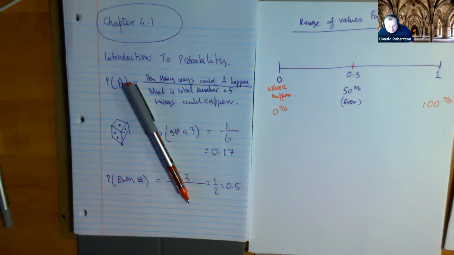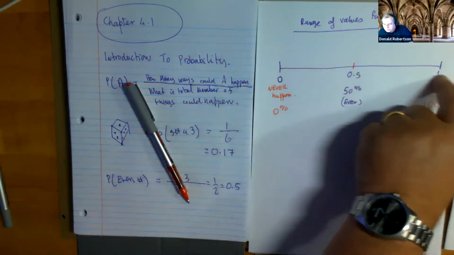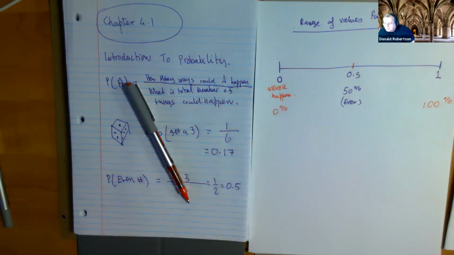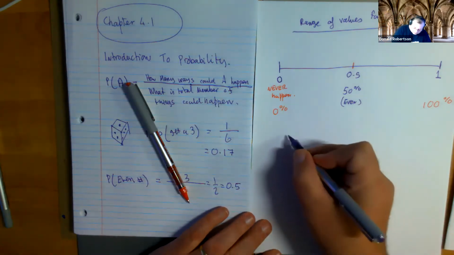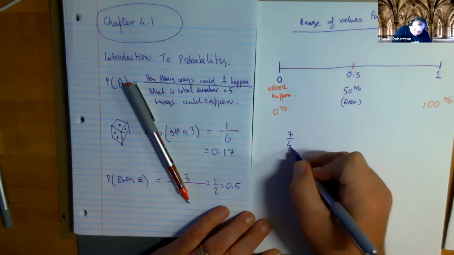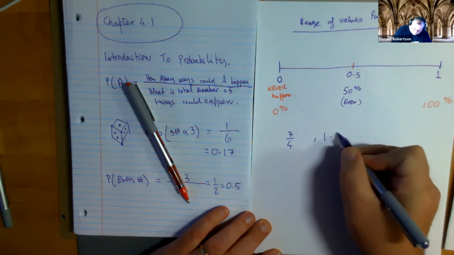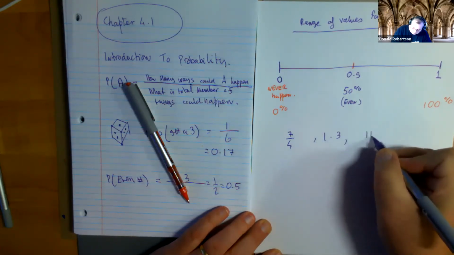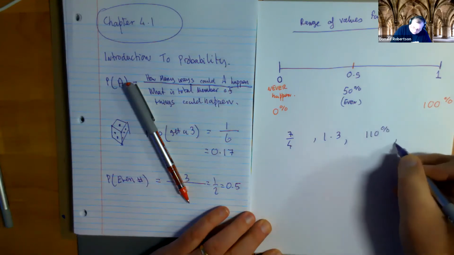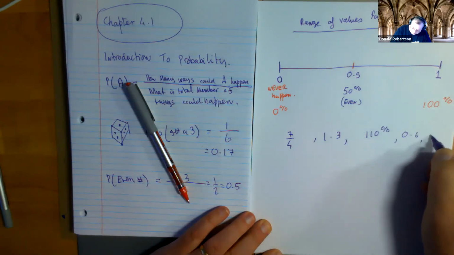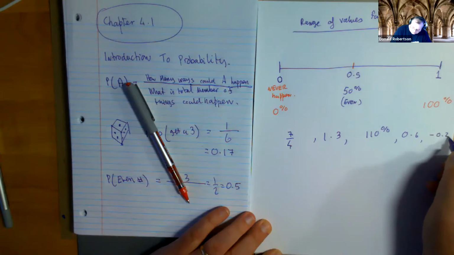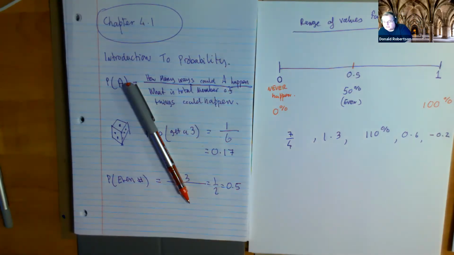Now, if you are given a list of probabilities, you should be able to use the fact that they must be between 0 and 1. You should be able to tell which ones are impossible. So I'm just going to give you a random list. So here are a list of numbers and fractions and decimals, whatever you want to call them, various types of numbers.